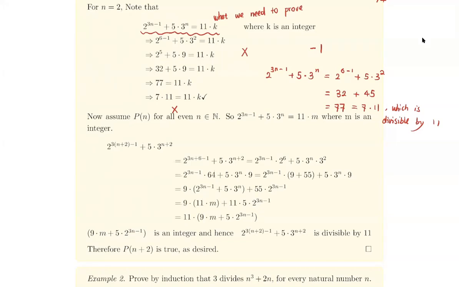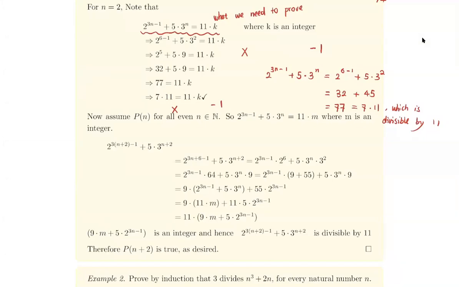That's why you cannot assume what you need to prove. So you assume for a particular n or for some n is true, and you need to prove for all. So that's why it's wrong. Yes, exactly. Okay? So here -1.